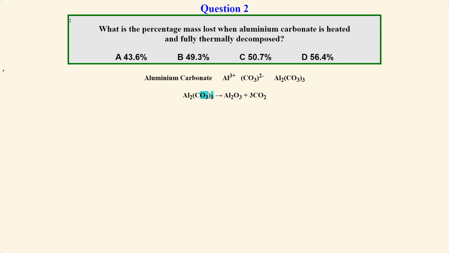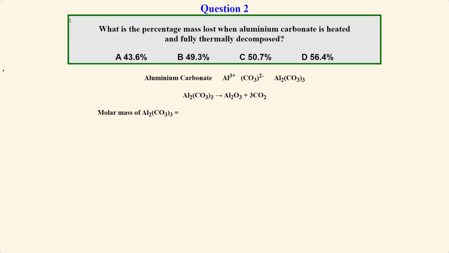Now looking at the oxygen, on the left we've got 3 times 3 is 9 oxygen atoms. On the right hand side we've got 3 in the Al2O3 and a further 6, 3 times 2 in the CO2. 3 plus 6 is 9. So in fact the oxygen is now balanced.